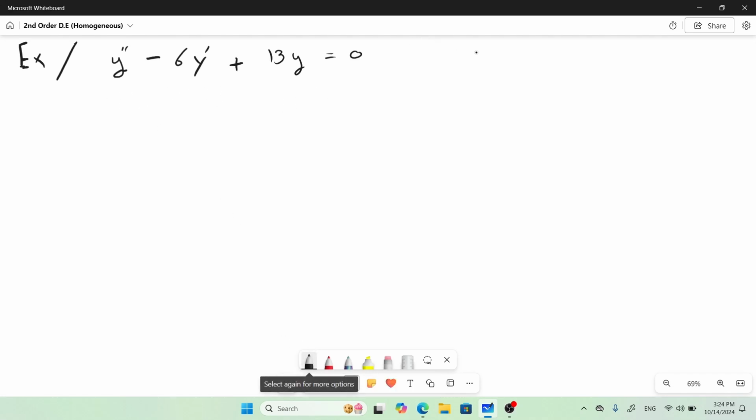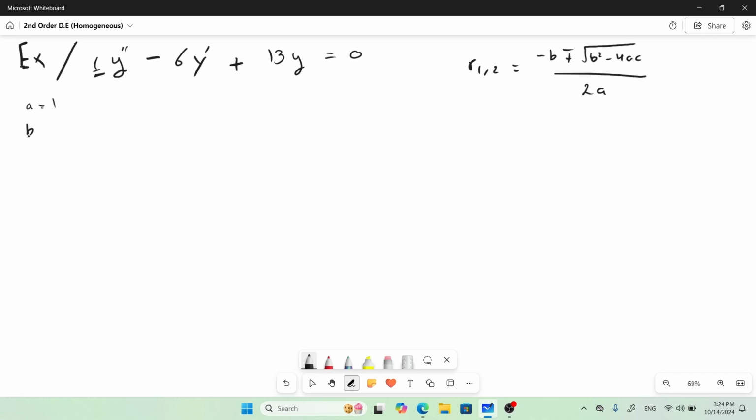So let's write it. r1,2 is equal to negative b plus or minus the square root of b squared minus 4ac divided by 2a. We have the elements here, so a is equal to 1, b is equal to negative 6, and c is equal to 13.